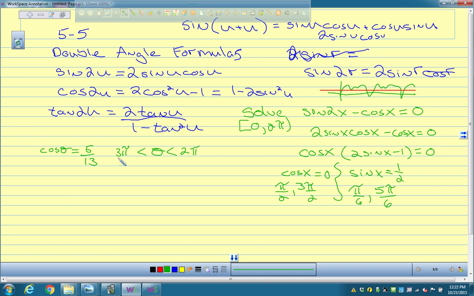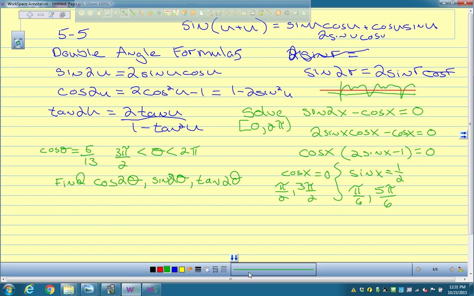And they'll say find cosine of 2 theta, sine of 2 theta, and tangent of 2 theta. Let's find them all.